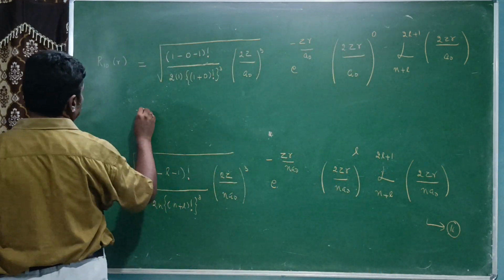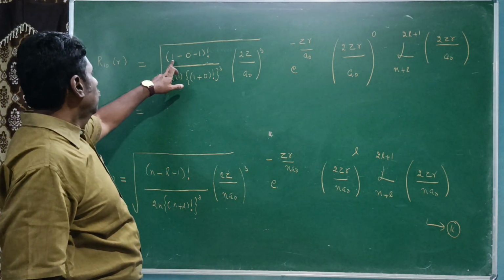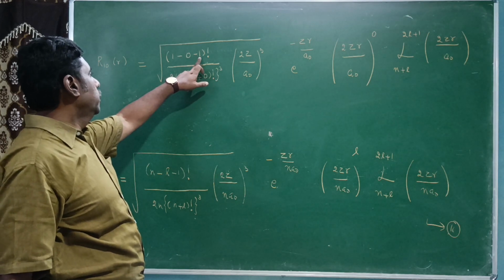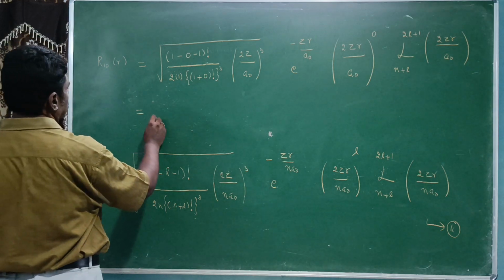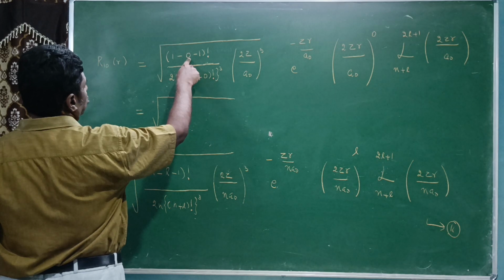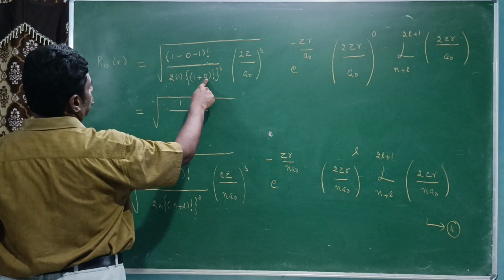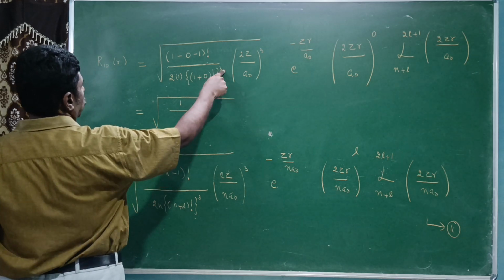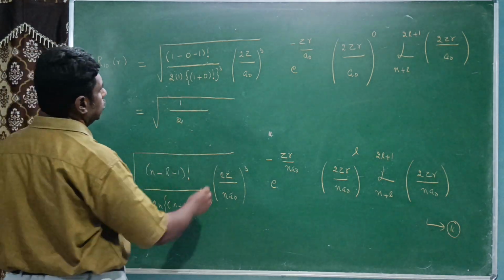This is modified as follows. See here, 1 minus 0 minus 1, so these are all 0. 0 factorial is 1. 1 minus 1 is 0, 0 minus 0 is 0, 0 factorial 1, divided by 1 plus 0, 1. 1 factorial is 1, 1 cube, into 2, 1 by 2.